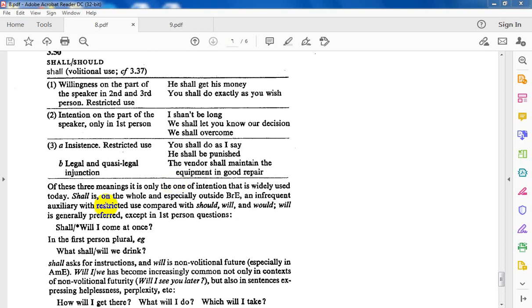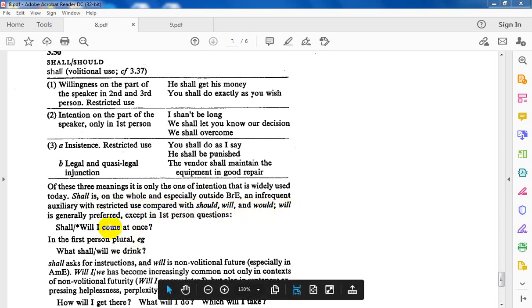Of these three meanings, it is only the one of intention that is widely used today. I shall, we shall. Shall is, on the whole, and especially outside British English, an infrequent auxiliary, with restricted use compared with should, will, and would.